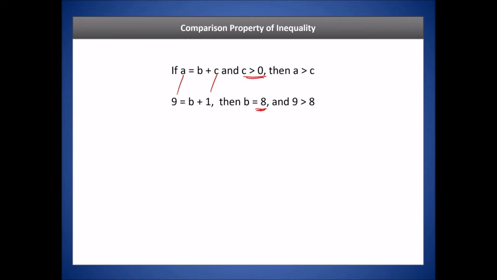So you notice that as C grows larger, B grows smaller, and therefore A is always going to be larger than B in this case. This should say A is larger than B, not A is larger than C. So this is how the inequality works. As long as C is a positive number, then A is always going to be greater than B in this relationship.